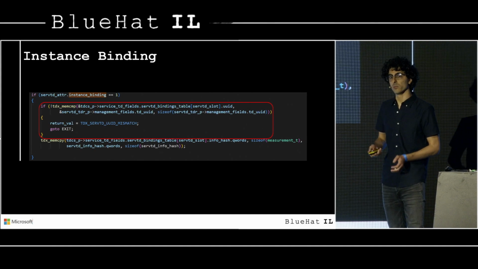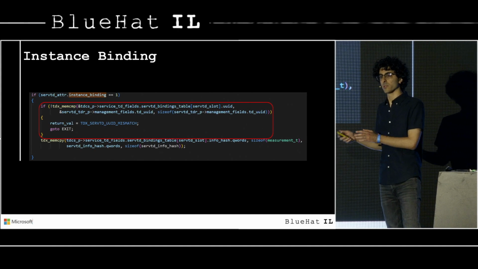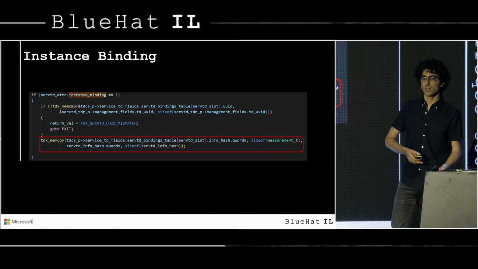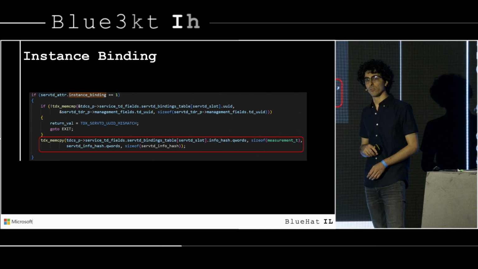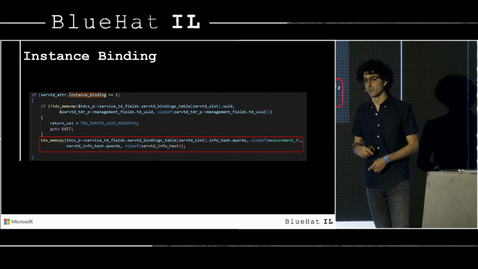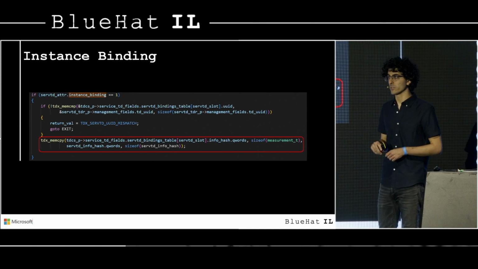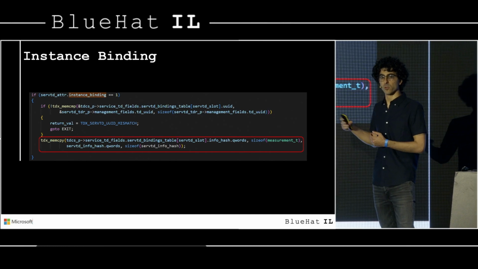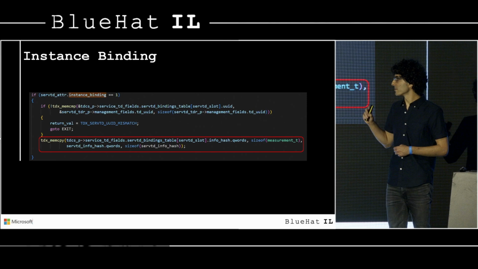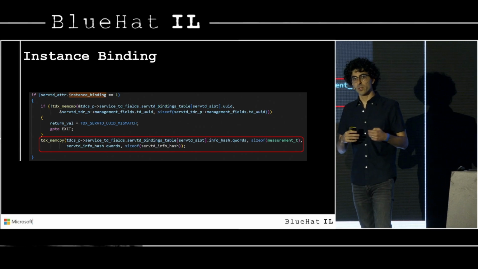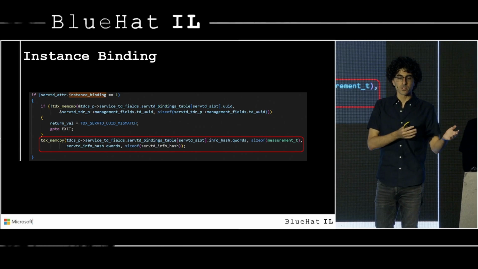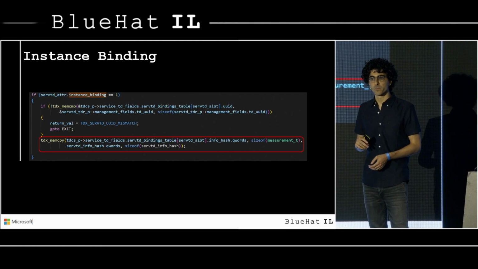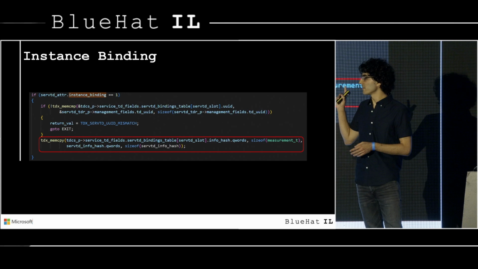If they match, so it's the same instance of the service TD that was already bound, it carries on and updates the hash in the binding table to the new hash of that service TD that we are rebinding, basically fixing the hash. And this is also pretty interesting from an attacker's point of view, because this means that if we want to force bind our malicious service TD to some running victim TD, all we need to have is the correct UUID value.